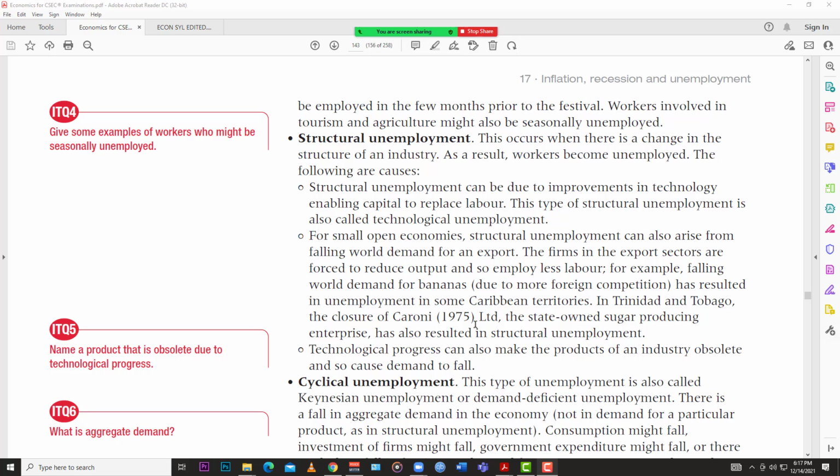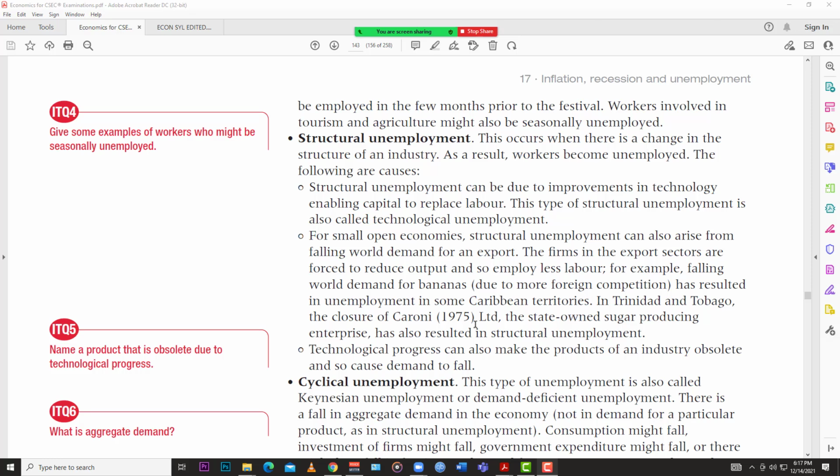For example, if you are moving from, let's say, an analog or old school based economy to a more technologically progressive economy, some persons would not be able to make that transition. Some older folks might not be able to latch on to the new technology. And as such, they might lose their job because of that. Right? They might become unemployed because there's a whole overall change in the structure of the industry.